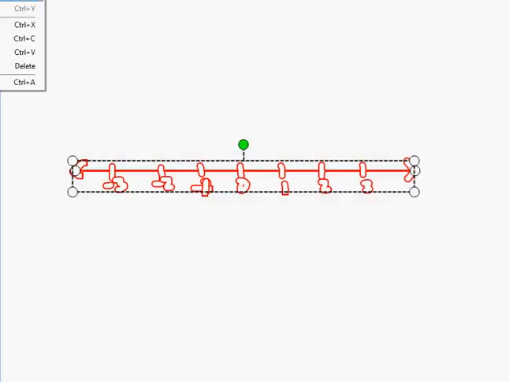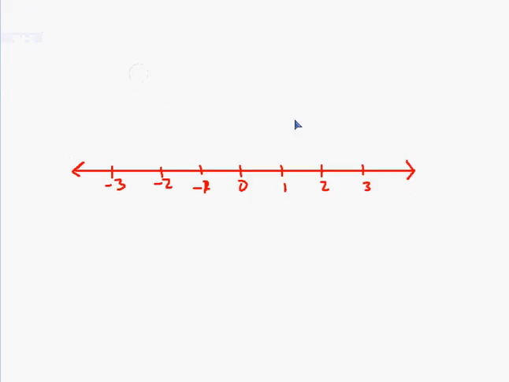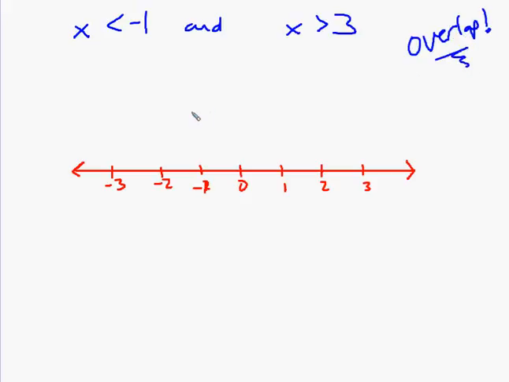Good. All right, so let's try x is less than negative 1 and x is greater than 3. And I graph that. With and, I'm looking for overlap. It's my friend. That's what I want. So here's less than negative 1. Here's greater than 3.